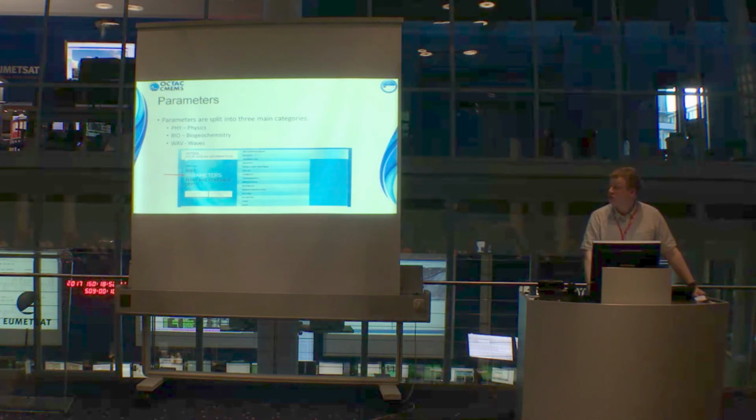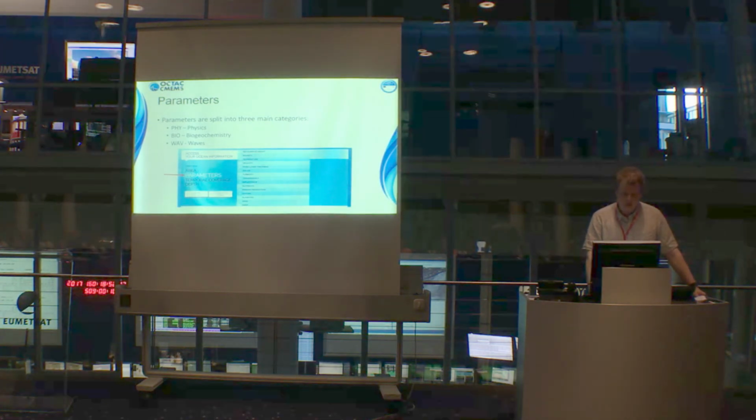So the parameters, you might be confused, is an absolute minefield of acronyms, so I'll try and keep it as simple as I can. They're split into 3 main types, which are physics or physical parameters, biogeochemistry, like stuff that Haley was talking about, and waves.